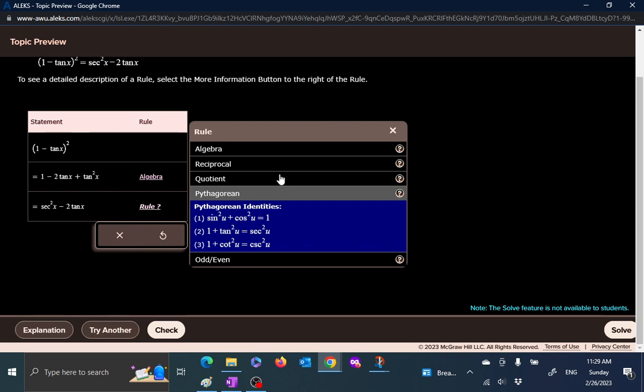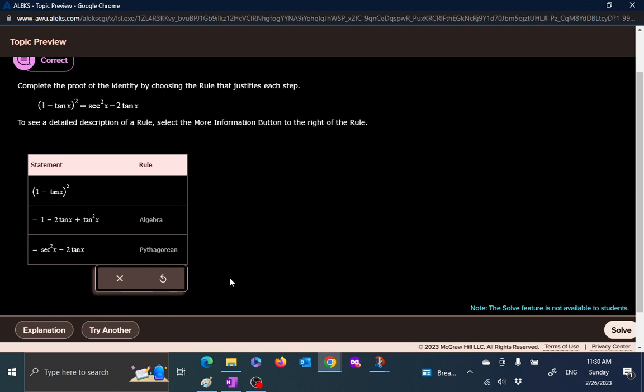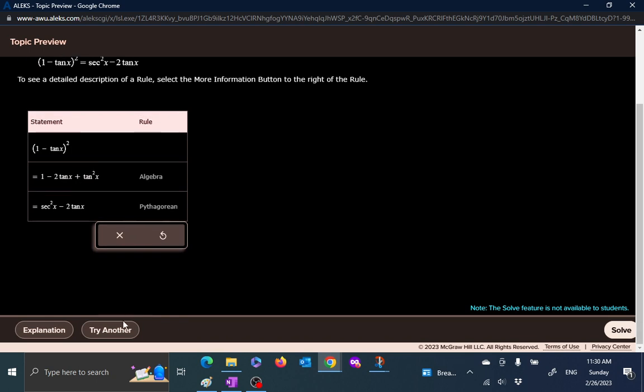So we are going to use Pythagorean, and let's see if we got it right. Hopefully it's correct. Let's try another one.